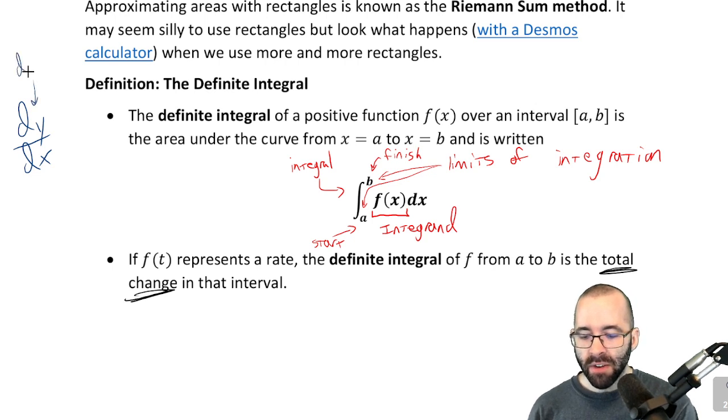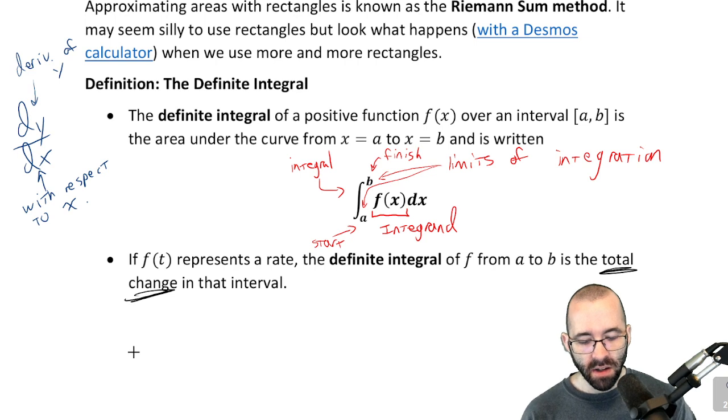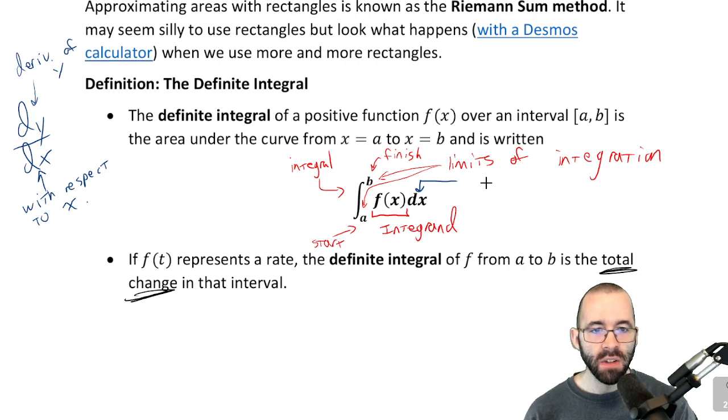That meant derivative of y with respect to x. It's telling you that x is your variable. Well, this is the same thing. This dx right here says that we're taking the integral with respect to x. So you can write with respect to x if you want, but what that really means is x is our variable.